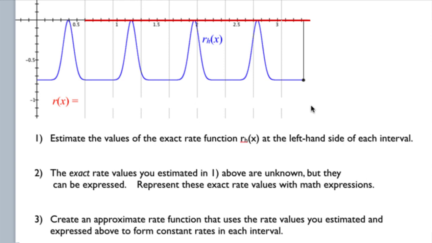Those exact values that you estimated are unknown, but they can be expressed exactly. Express each of those values in such a way that they represent the exact value, even though we don't know what the exact value is. Okay, does it make sense? So you're estimating the values of the blue function at the left side of every interval, and then expressing those numbers with notation that means the exact value.